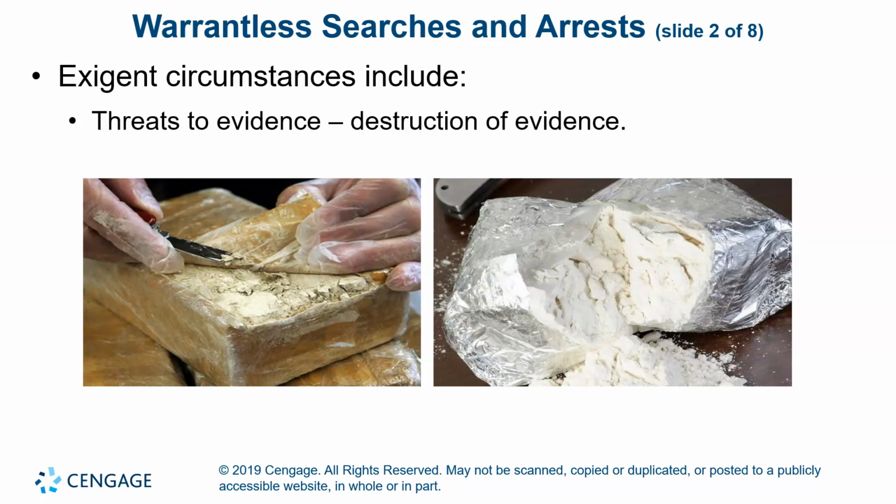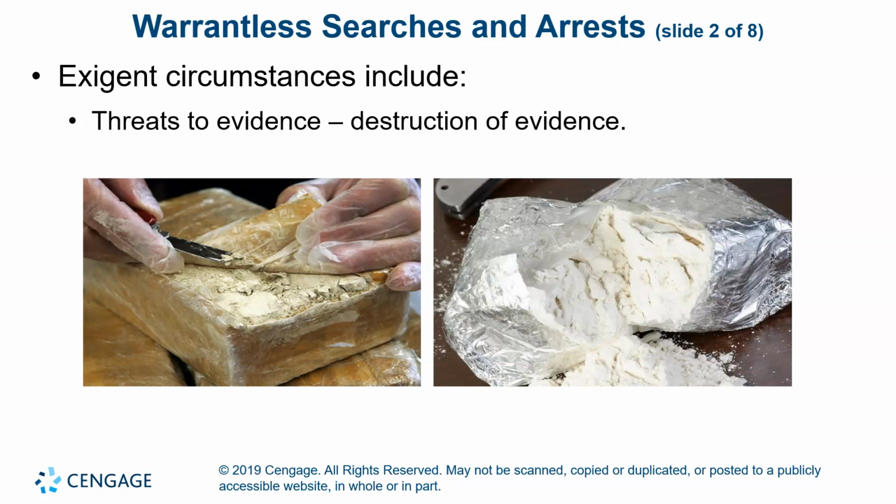Next would be threats to evidence or destruction of evidence. So, if the police have probable cause to believe that a person is about to destroy critical evidence, like flushing drugs down the toilet, they can enter private property to seize the evidence without first getting a warrant.